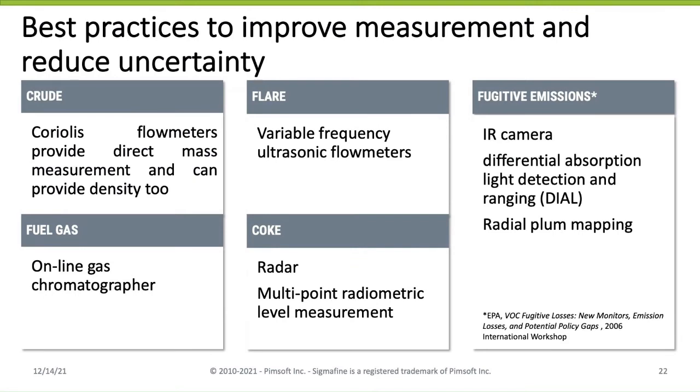These are a few of the technologies that can be involved in measuring emissions. There are correlations in the literature, but again, these correlations are found to be quite under-predicting the amount of emissions.